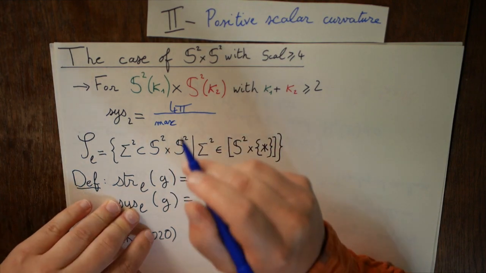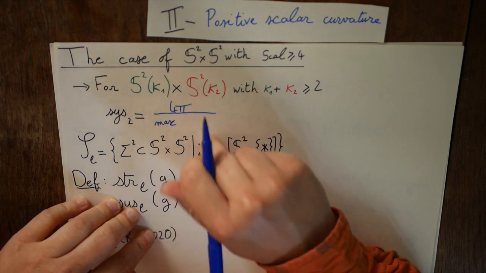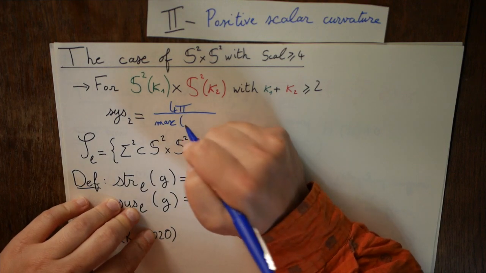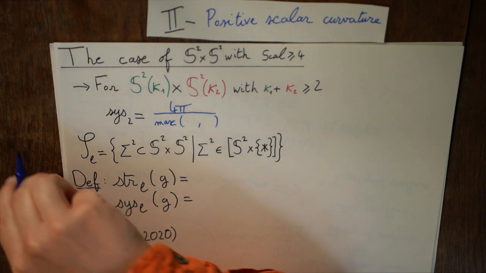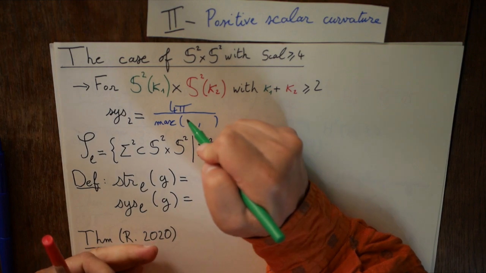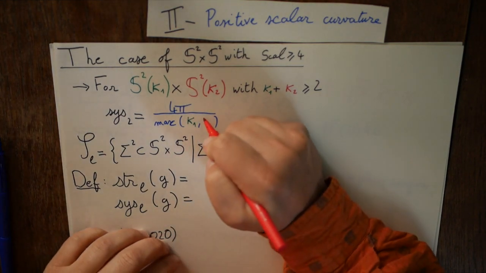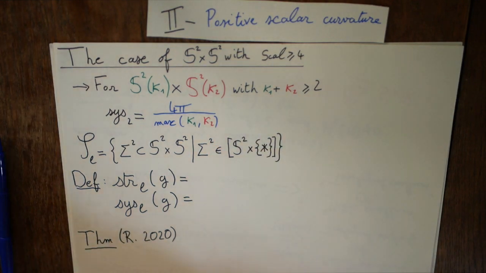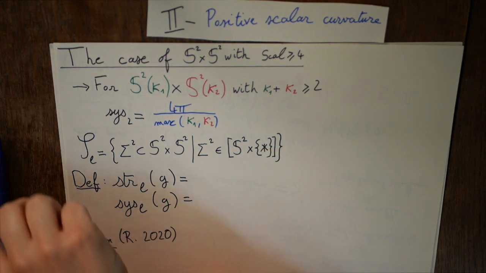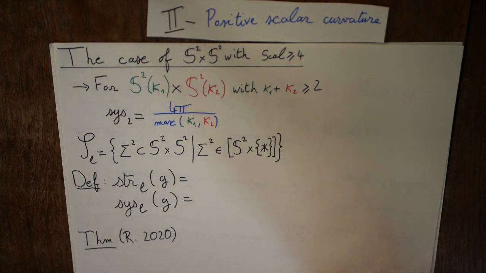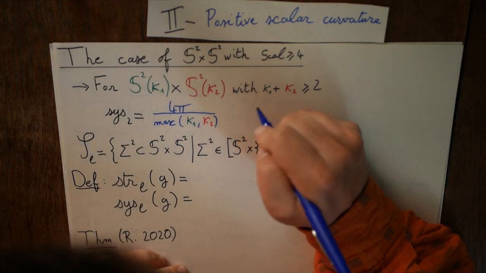So it's 4 pi over the maximum of kappa 1 and kappa 2. Okay, so what can we say?